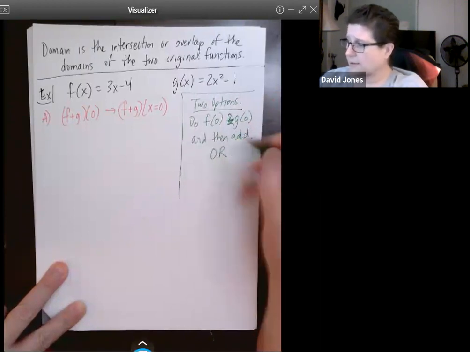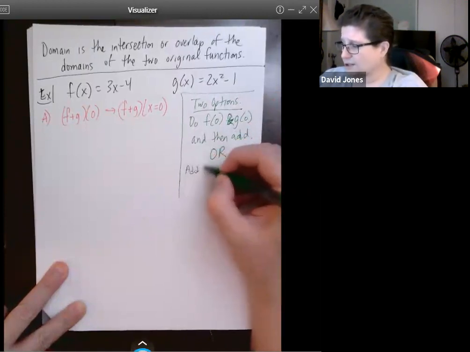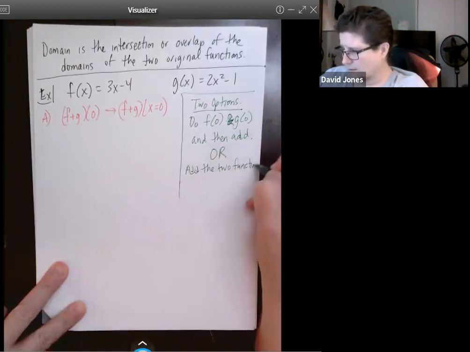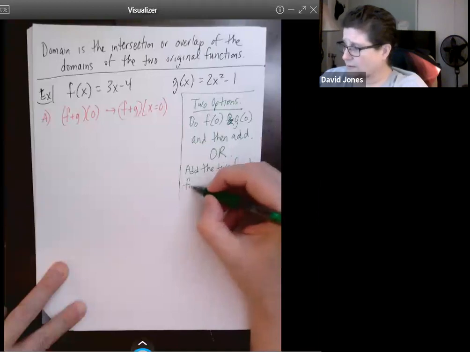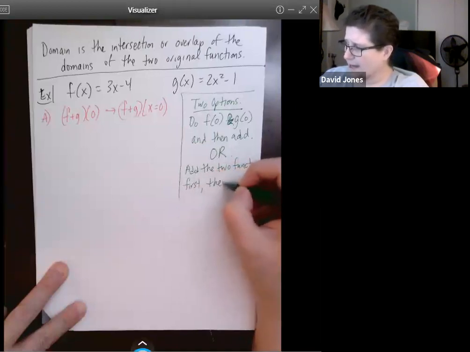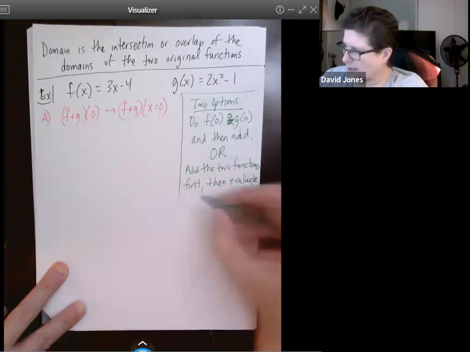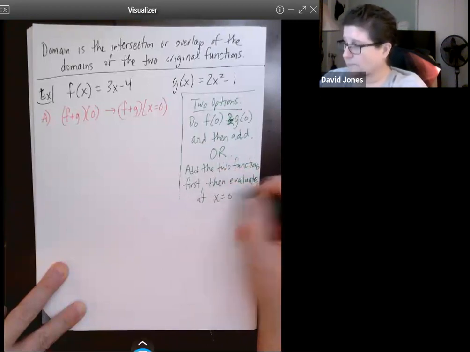Or add the two functions first, then evaluate at x equals 0.